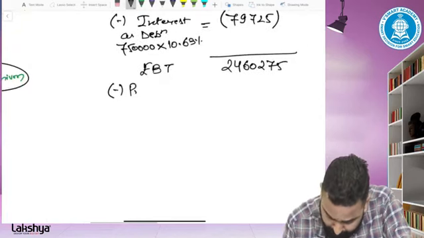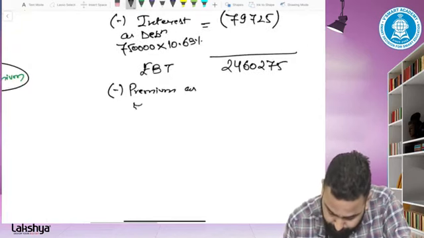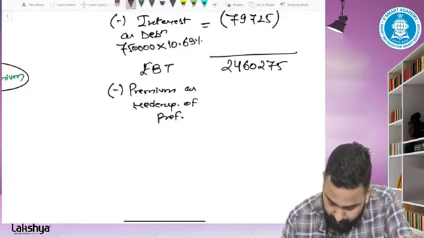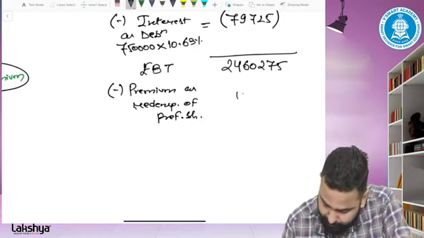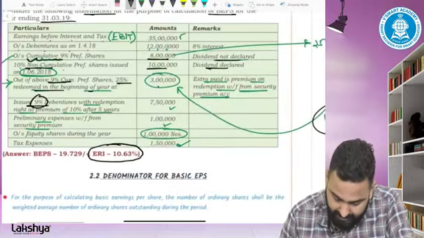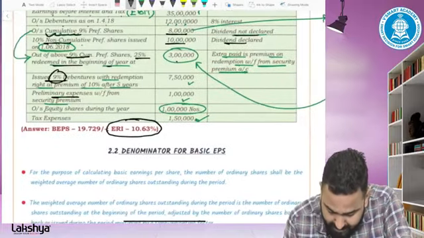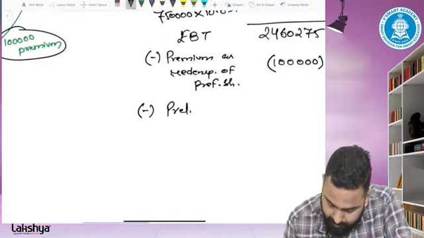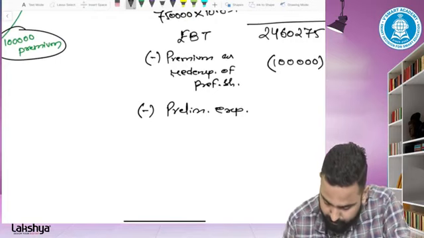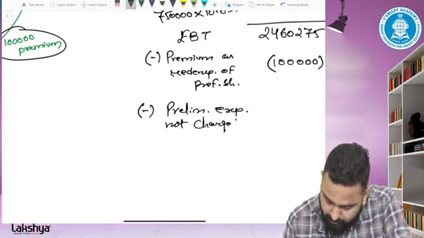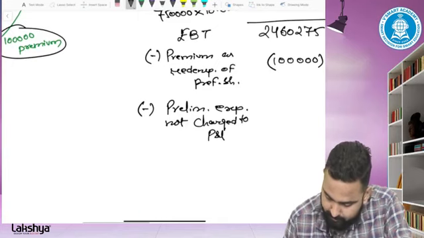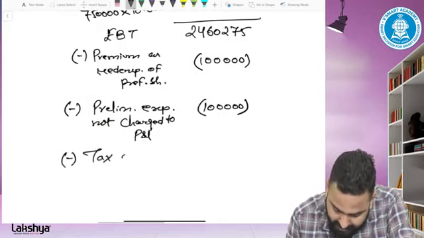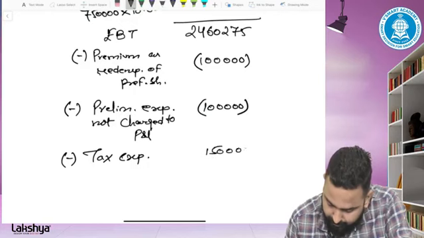So first of all, premium on redemption of preference shares, 1 lakh. Preliminary expenses, write off from security premium, 1 lakh, minus preliminary expenses not charged to P&L, 1 lakh, minus tax expense, 150.